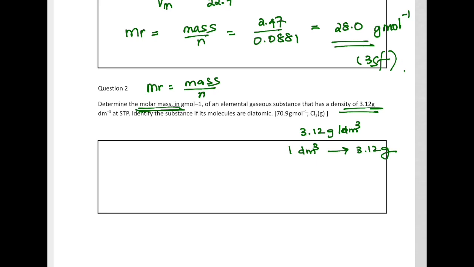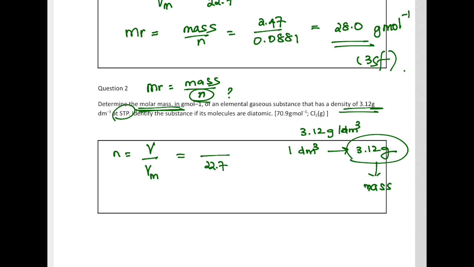Now mass we are given, this is the mass, right? So this is the mass. Now we need to find the number of moles. So number of moles is volume divided by molar volume. It is at STP, so molar volume is 22.7. And the volume, if you see here, this mass occupies 1 dm cube. So this is the volume. So this is 1 dm cube.